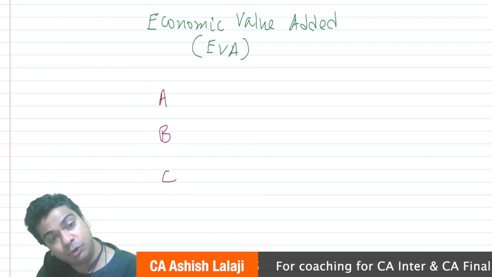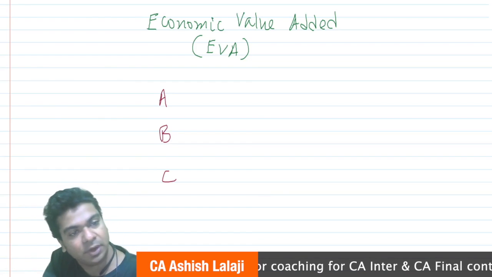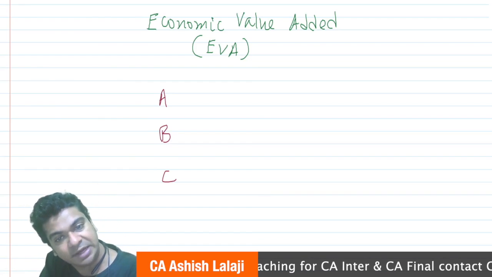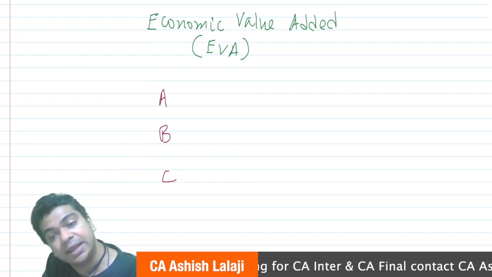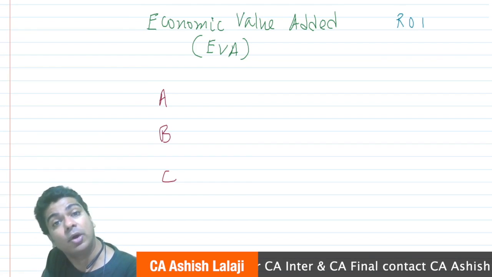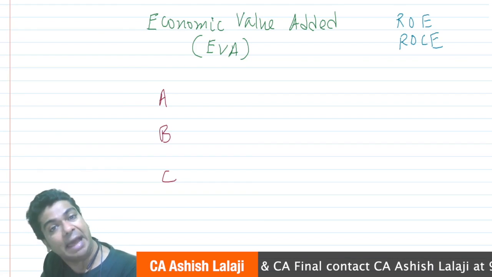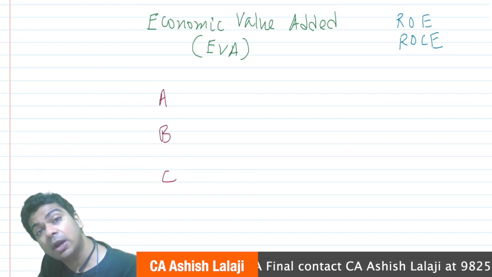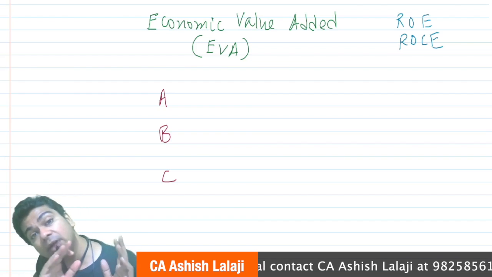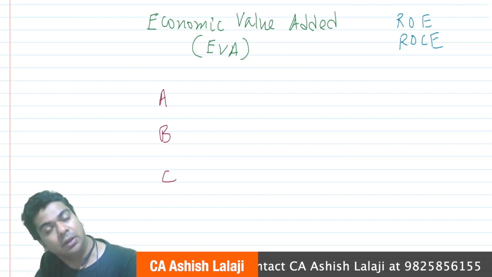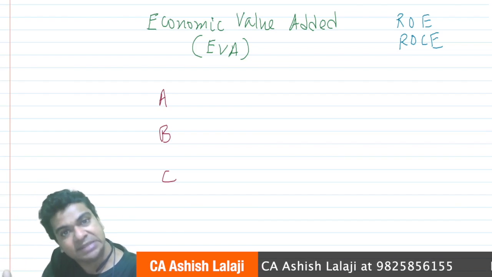There are quite a few ratios which are very popular amongst investors, right? For example, you may calculate return on equity, or a very popular ratio, the return on capital employed. You may even work out the EPS. You may even calculate the earnings yield, dividend yield, PE ratio, the price earnings ratio.